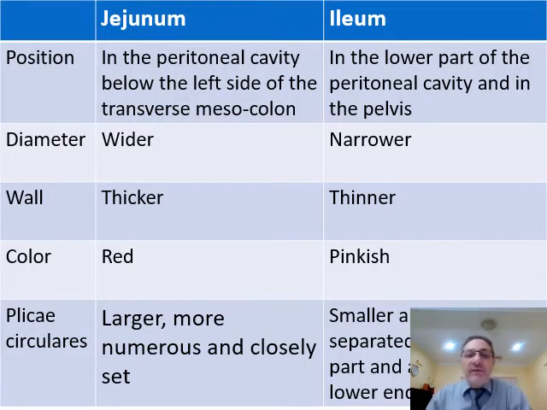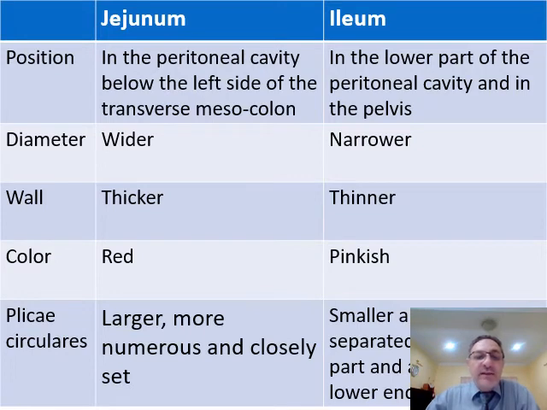And this is the difference between jejunum and ileum. About the position, the jejunum is on the left side. The ileum is in the lower part of the peritoneal cavity and extends down to the pelvis.